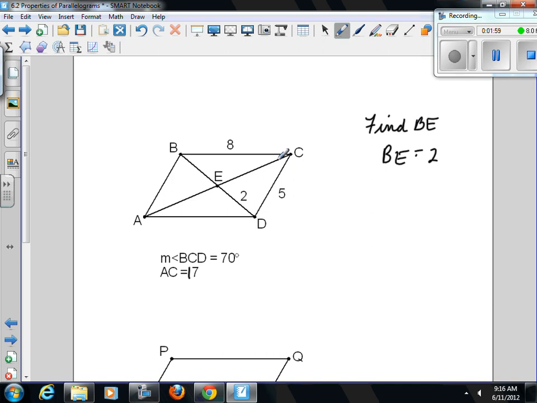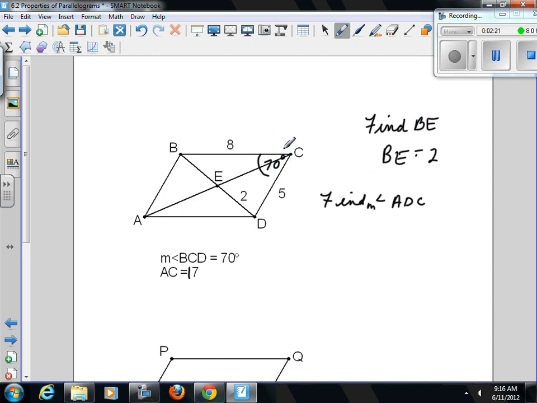All right. Now, if BCD is 70 degrees, I'm going to have us do something else now. I'd like us to find the measure of angle ADC. Now remember, consecutive angles are supplementary.